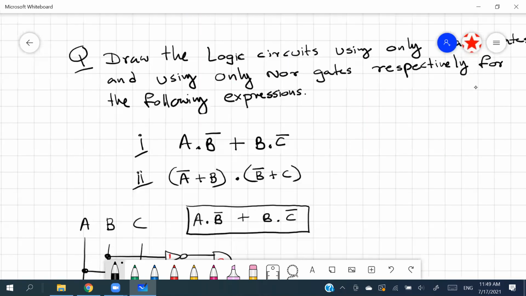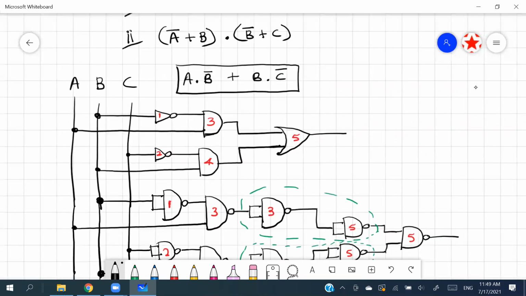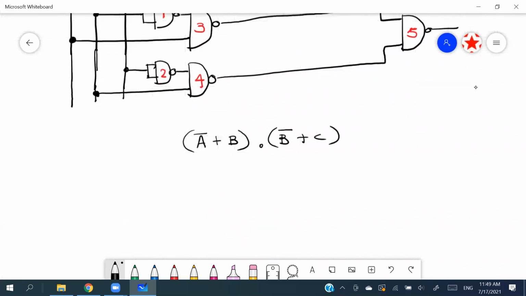Is it the same one? Yes, A bar plus B, B bar plus C. So this is the requirement. So it's A, B, and C.